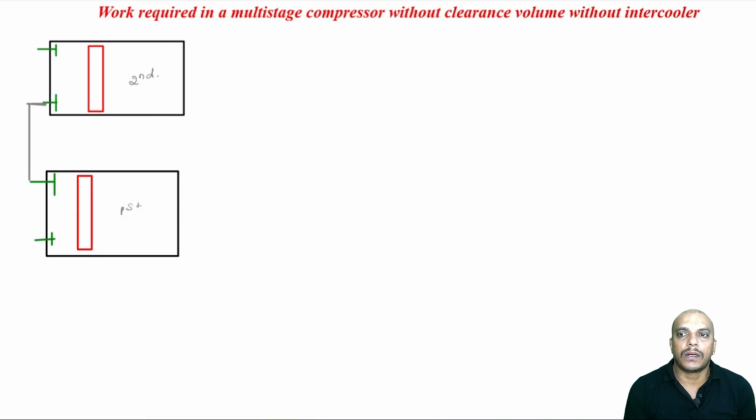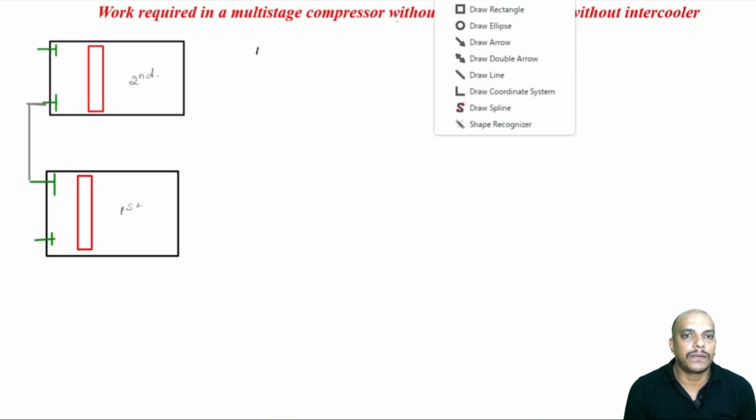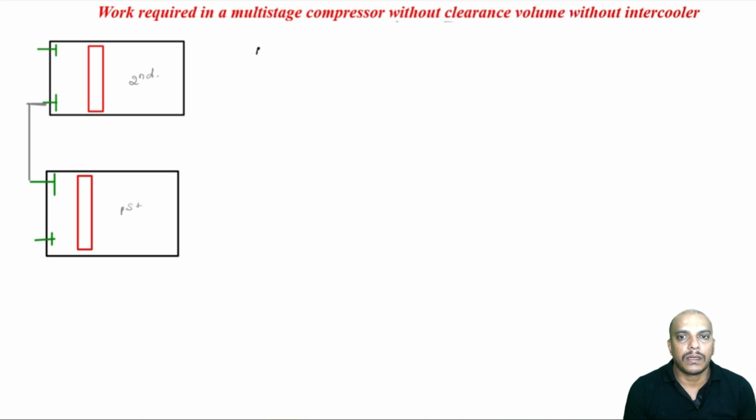Now, we already know with negligible clearance volume or without clearance volume, we have already derived the work equation, alright. So, let us start from the diagram in a pressure versus volume. Okay.